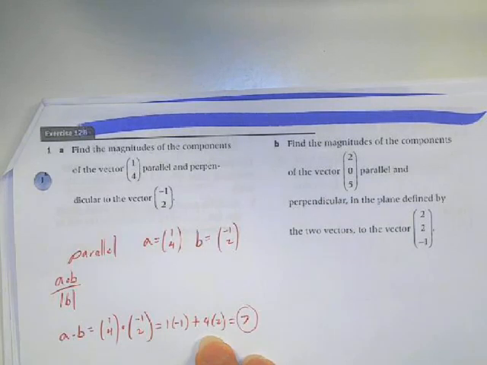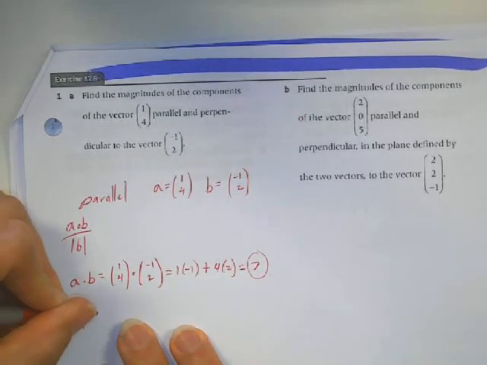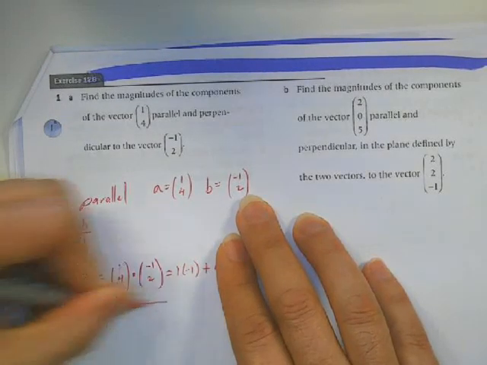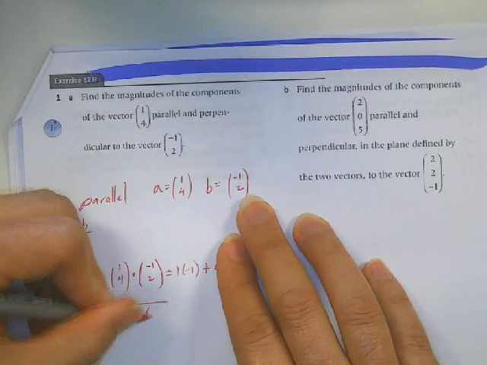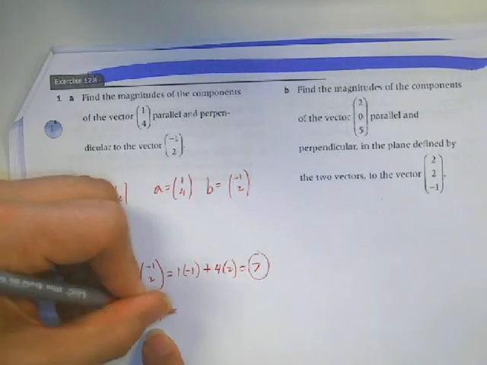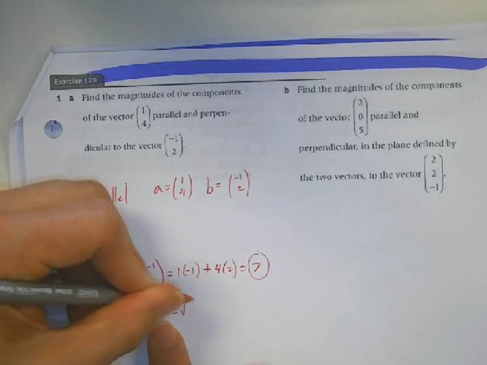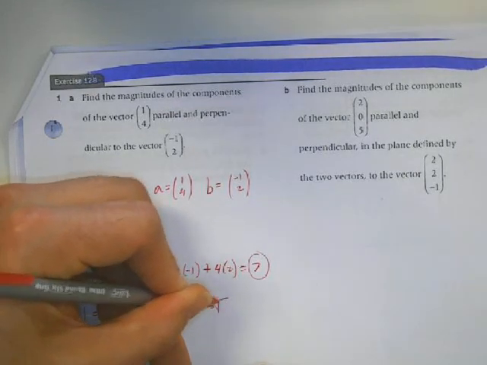Okay, and now we need to do the magnitude of B, which is equal to the square root of negative 1 squared plus 2 squared. 1 squared is 1, 2 squared is 4, so the square root of 1 plus 4, which is the square root of 5.